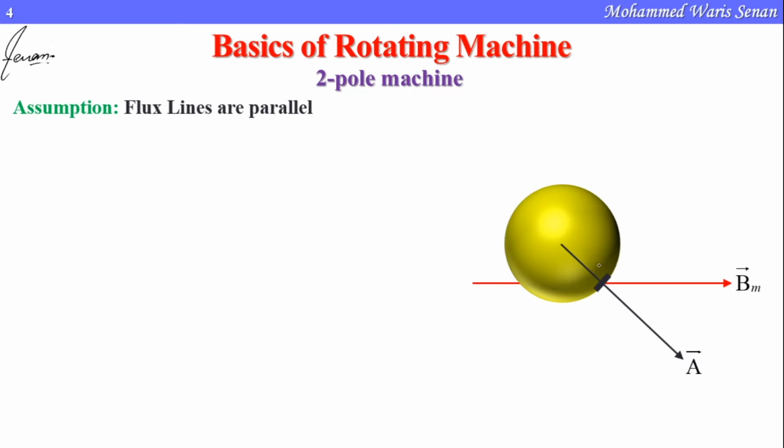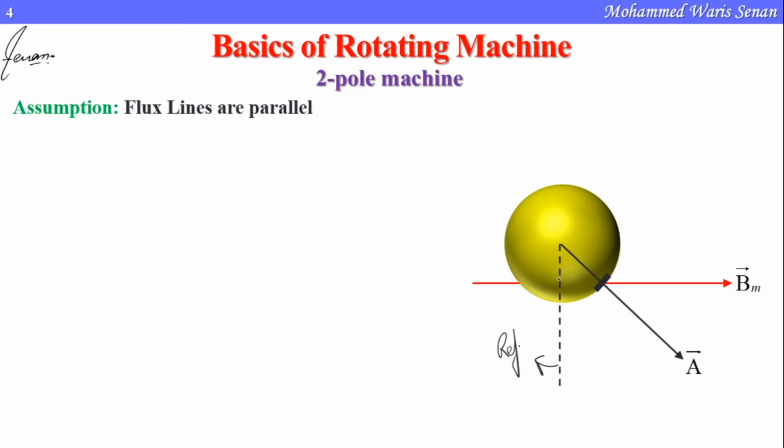Now let us take a reference line and drop a line vertically from the center of the rotor, and this is the reference line. Why are we calling it a reference line? Because we will measure all the angles from this reference line only.